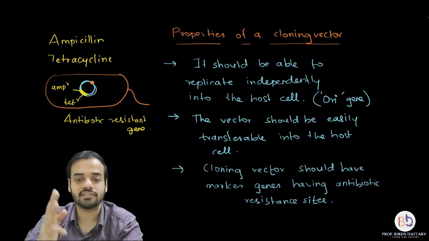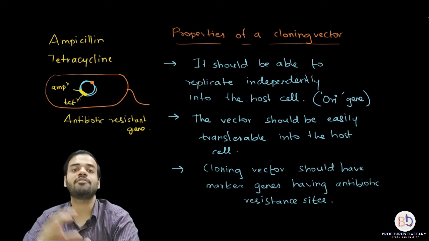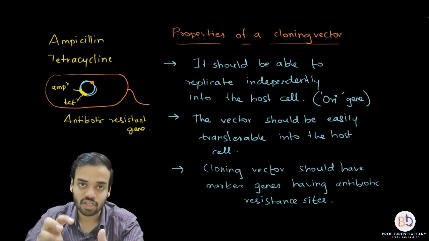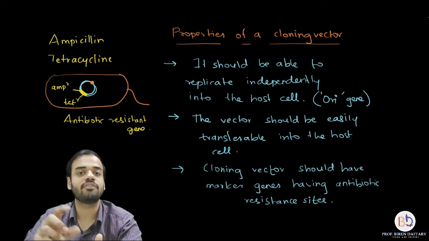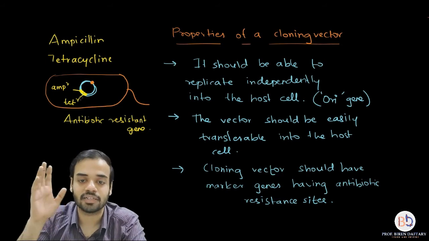The third point is each cloning vector should have an antibiotic resistant gene or antibiotic resistant site which also acts as a marker gene.